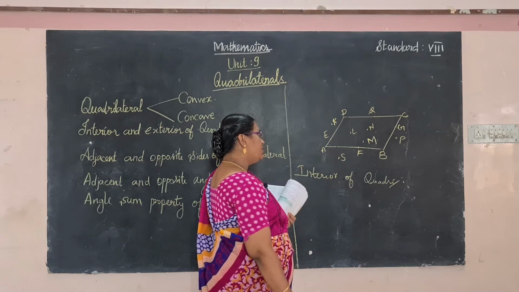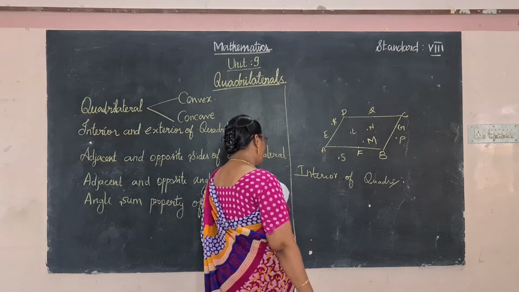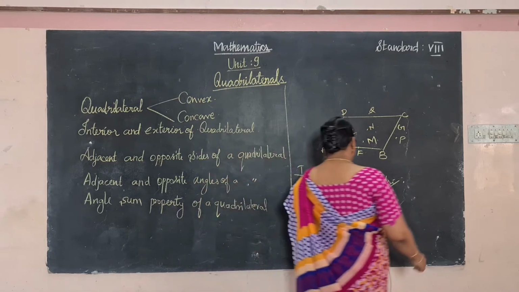These points are called the interior of the quadrilateral. So what is the definition?